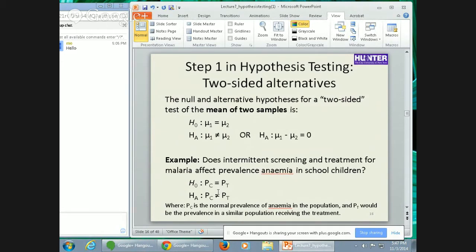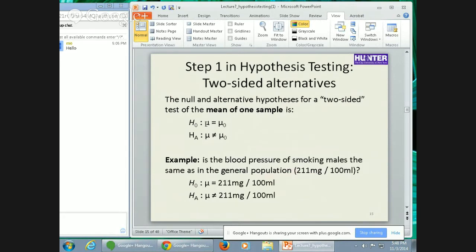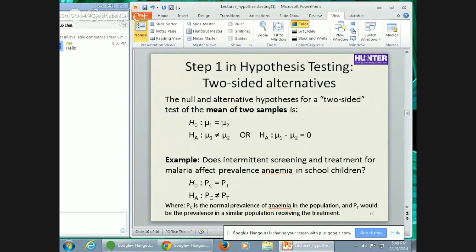With two samples, there's no theoretical value from the population. It's just that the means of the populations from which these two samples were drawn are equal. And the alternative is that they're not equal. Or alternatively, that the difference between them is 0.